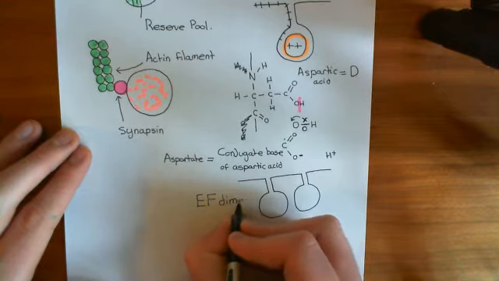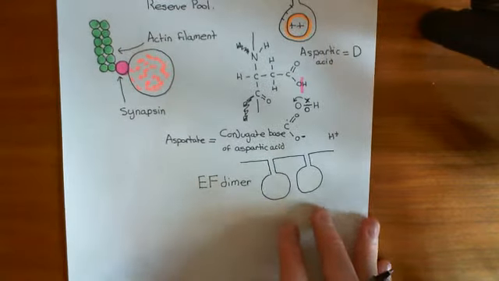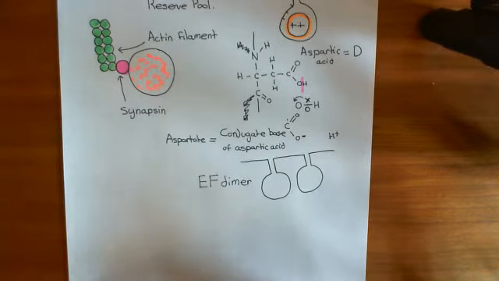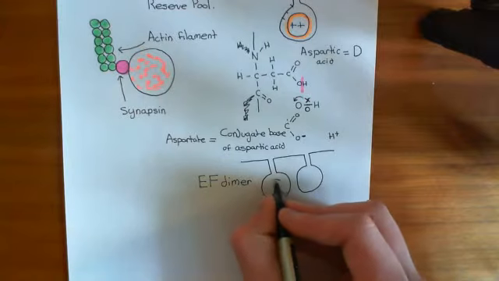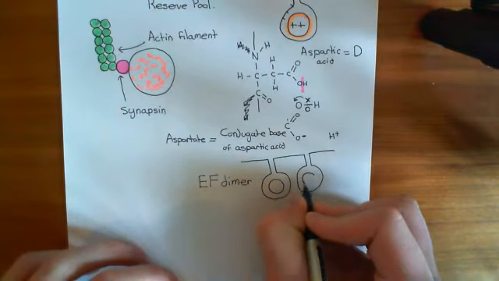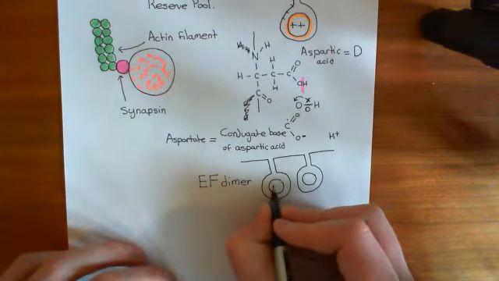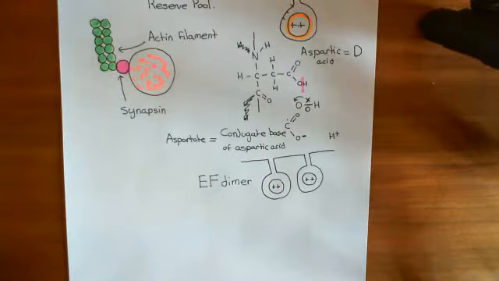These EF dimers are more common than just a single EF hand domain on its own. So basically, each of these rings can coordinate a calcium ion. So a calcium ion can bind there, and a calcium ion can bind there. So in an EF dimer, you have 2 calcium binding sites.